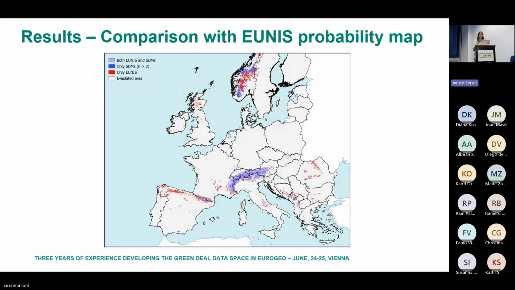When we check all over Europe, the red areas are the EUNIS ranges, while in blue are our results. And when we were using all 8 species, we could only see that they were overlapping, or there were some differences over Europe, but not Scandinavia.